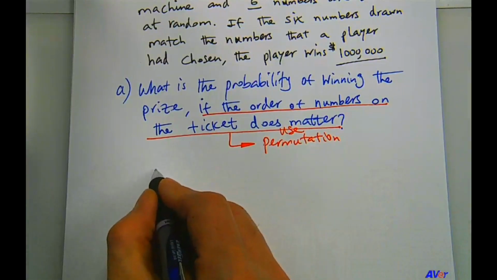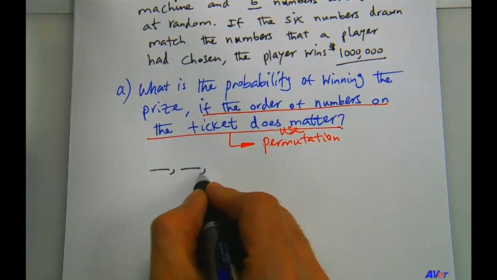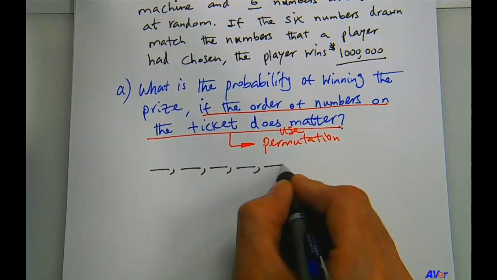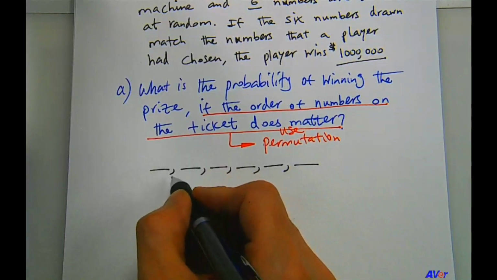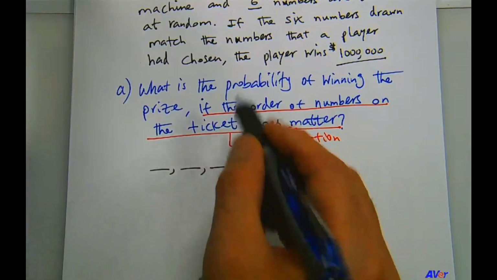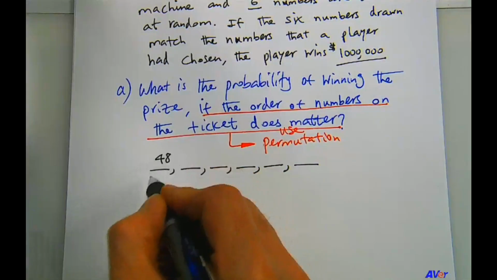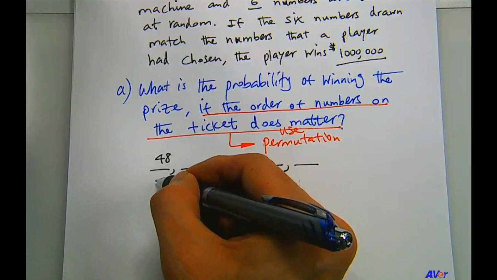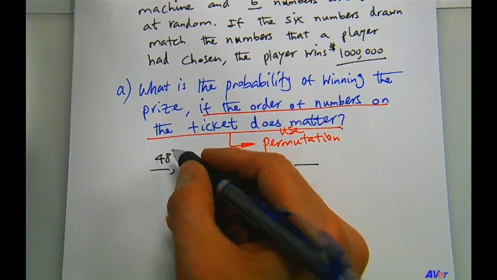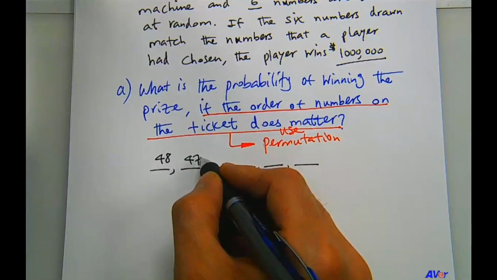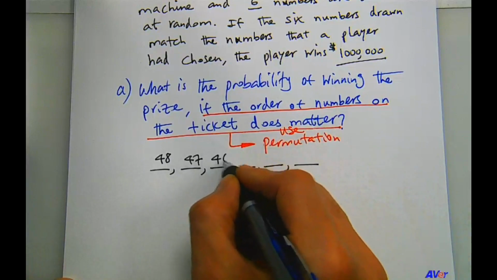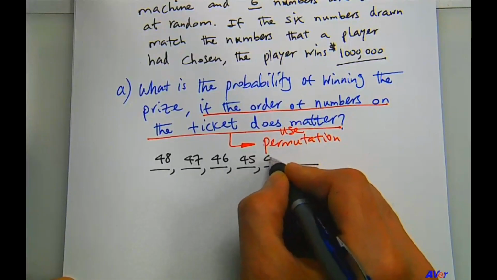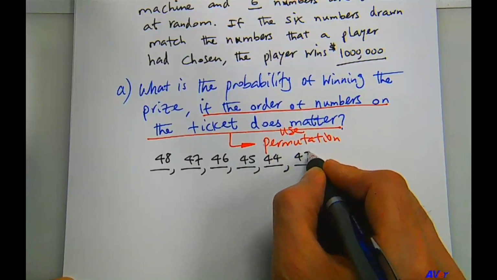With the reasoning method, we're filling 6 spots: 1, 2, 3, 4, 5, 6. Order does matter, so we have 48 to choose from for the first spot. Once that spot is filled, we have 47 to choose from, then 46, 45, 44, and 43.